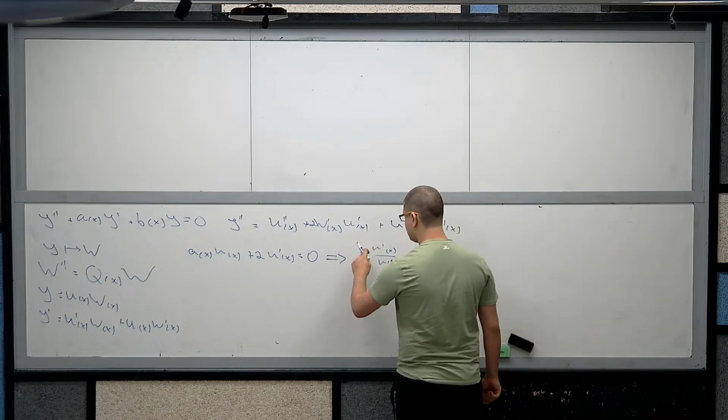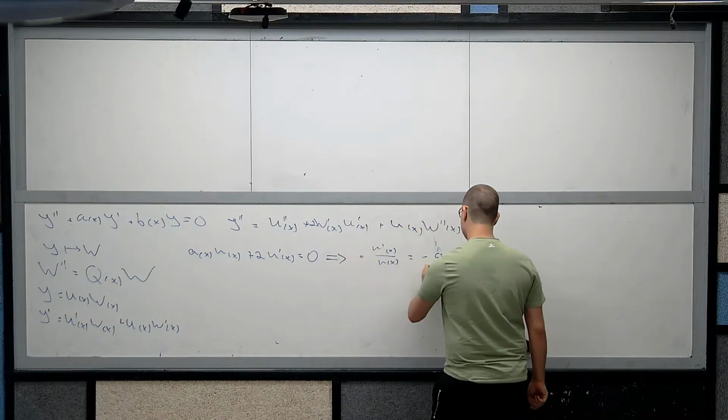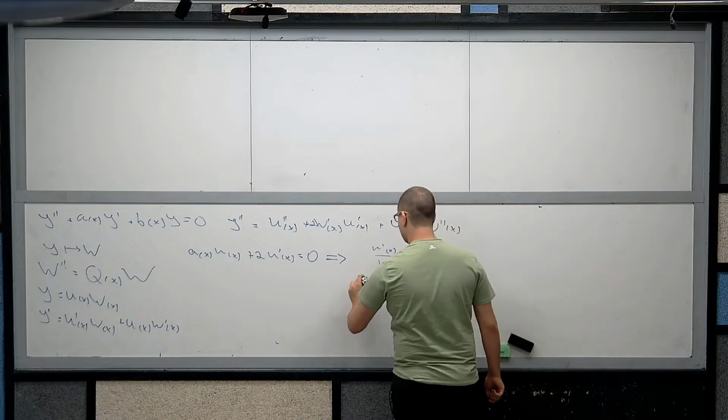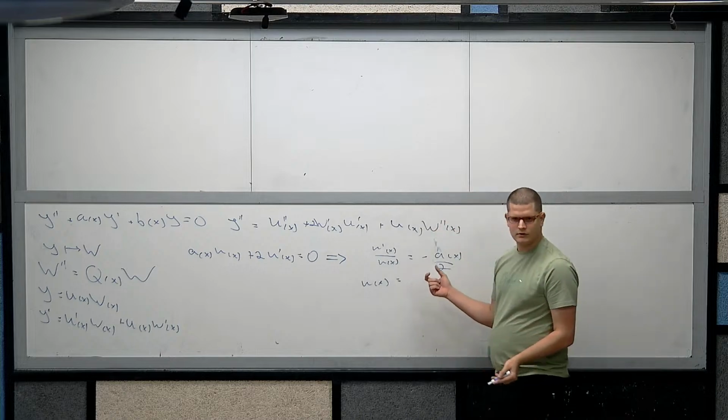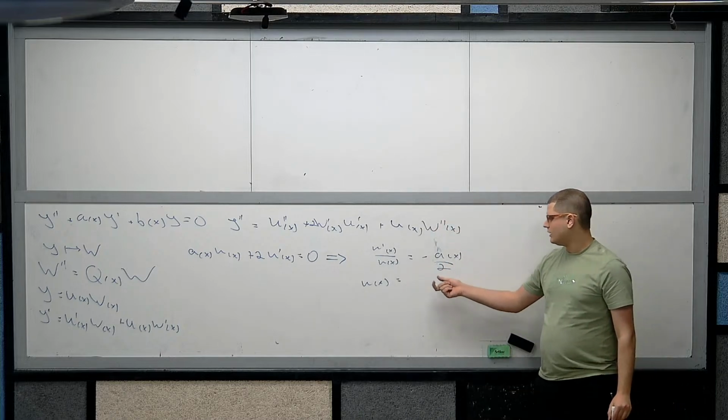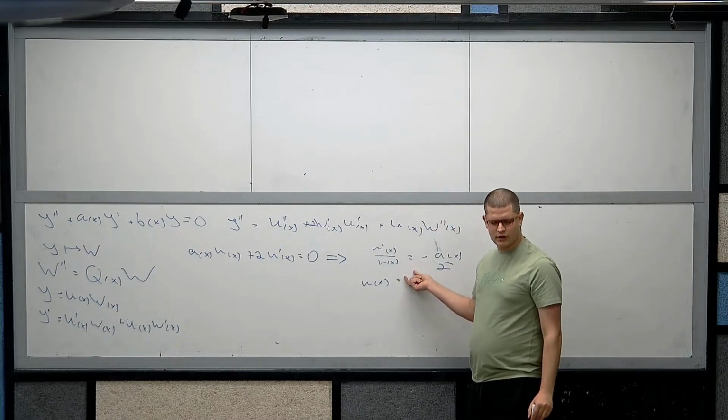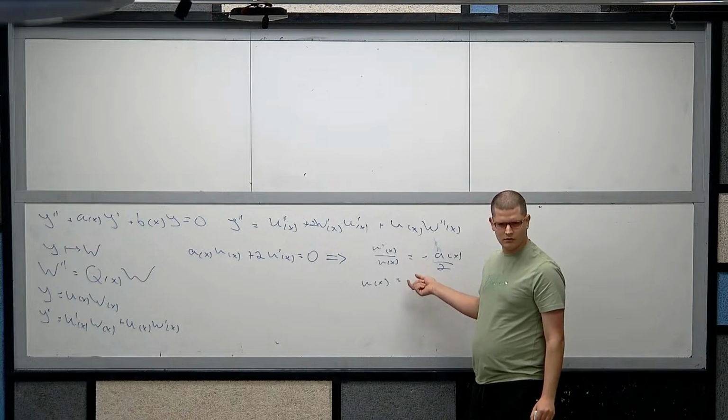Now just integrating, dividing by 2, and that we get u of x. We don't care about any coefficient here, right? Why?